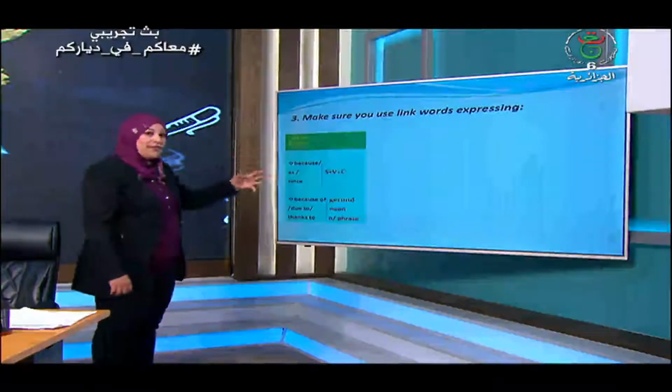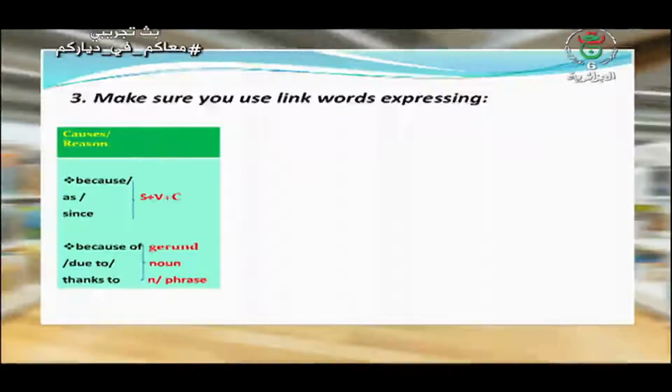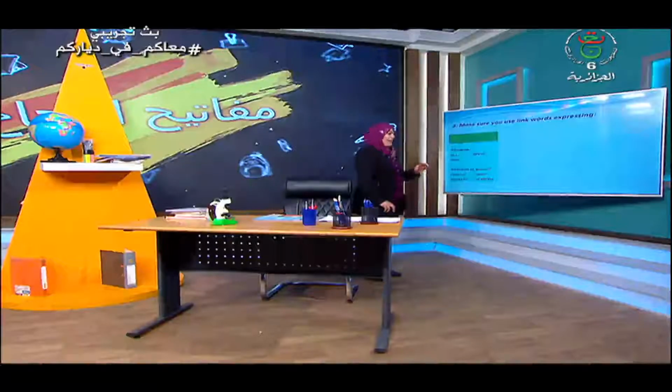If you use this set, bear in mind to use after them a full sentence containing a subject, a verb, and a complement. If you want to use the second set, which is the following: because of, due to, thanks to, owing to, what comes after is different because you need a gerund, stem plus ing, a noun or a noun phrase.